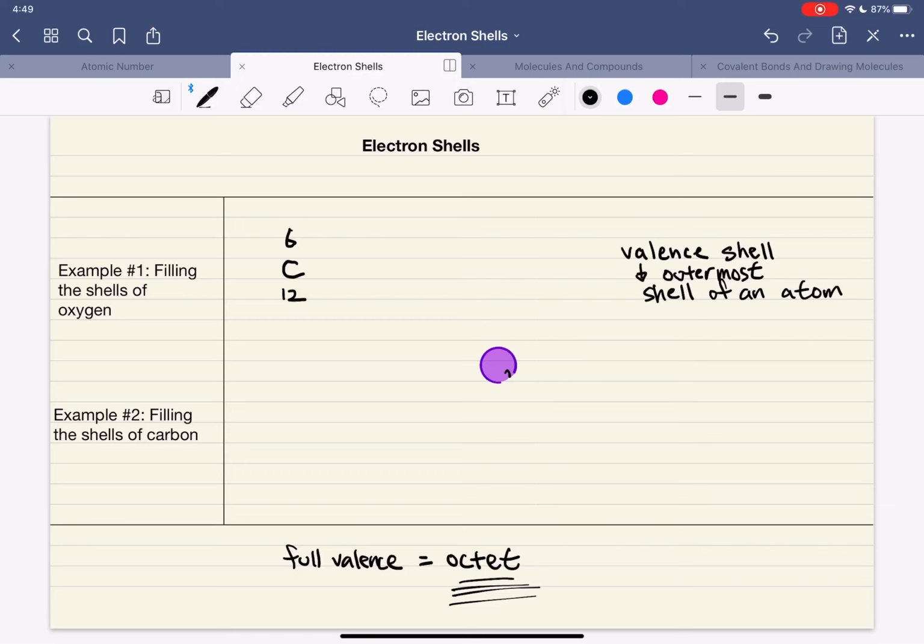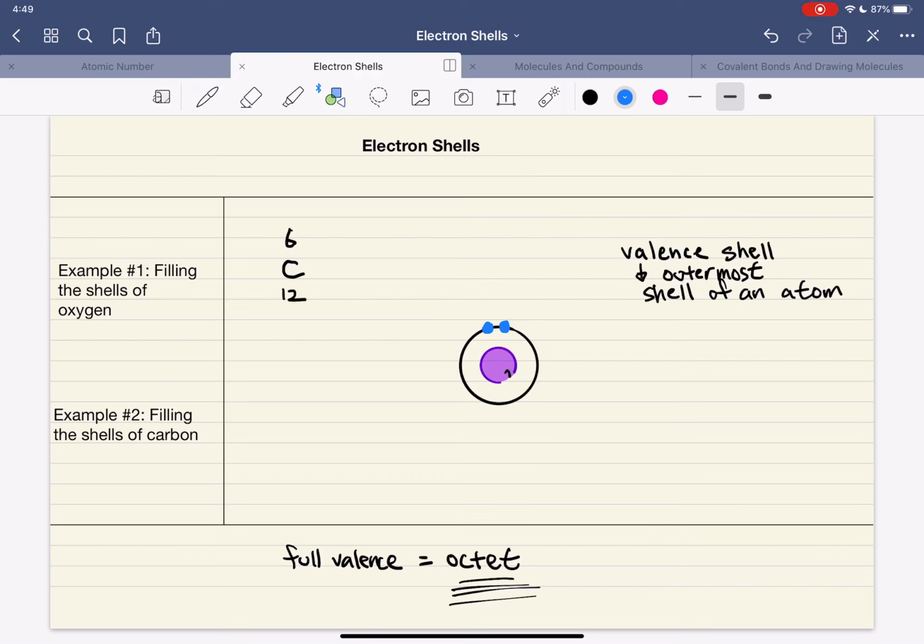So same thing, let's properly draw out these 6 electrons. First things first, shell number 1. And remember, shell number 1 holds 2 electrons. So there's number 1, there's number 2. Done, but we have 4 more to go.